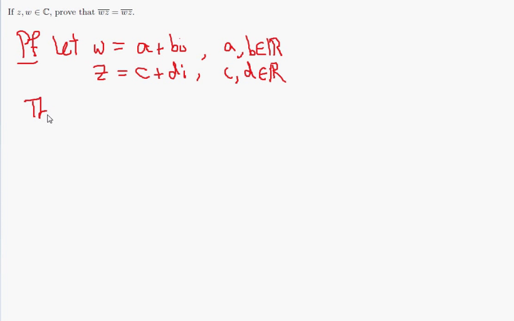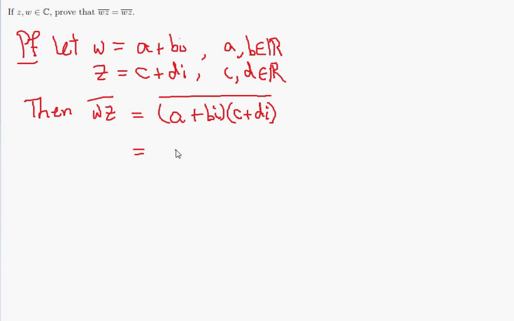So let's start with the left-hand side and see what happens. W times Z conjugate. Well, W times Z, that's A plus BI times C plus DI, whole thing conjugate.